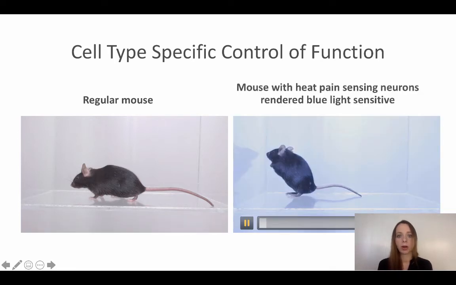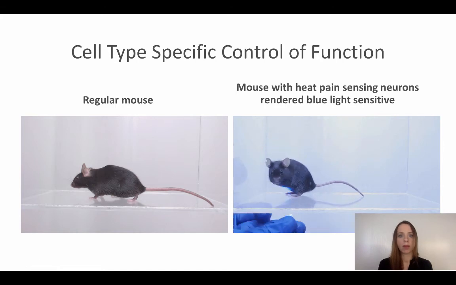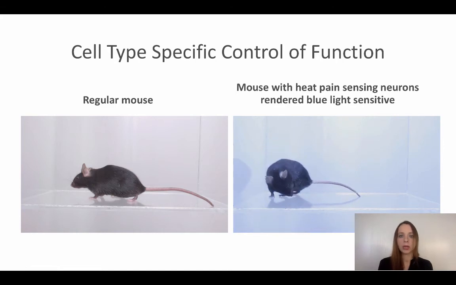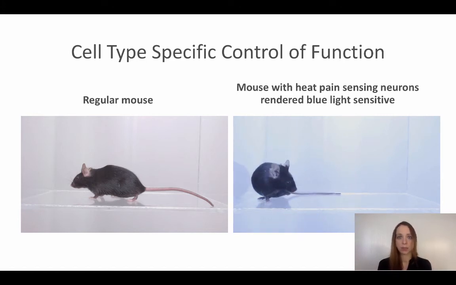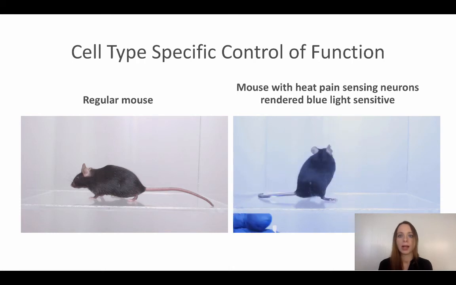In the second video, I'm showing a mouse where we have rendered heat pain sensing neurons blue light sensitive, such that exposure to harmless blue light triggers heat sensation. So this mouse feels high temperature on his paws and skin. And importantly, this sensation is caused not by heat, but by the activation of the cells that mediate high temperature.